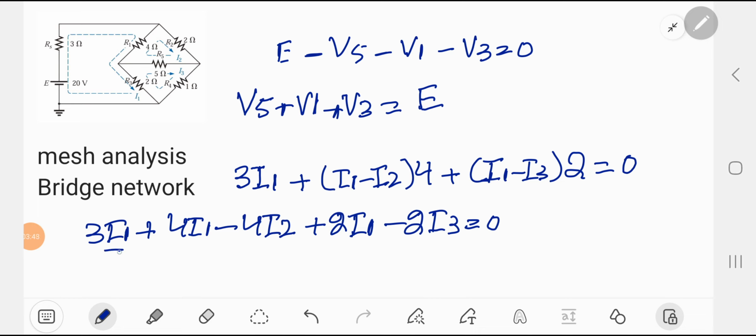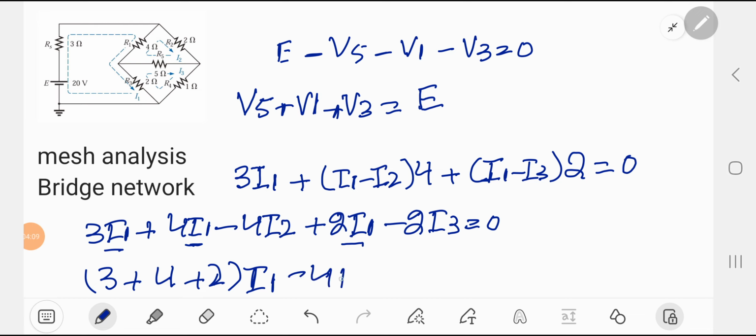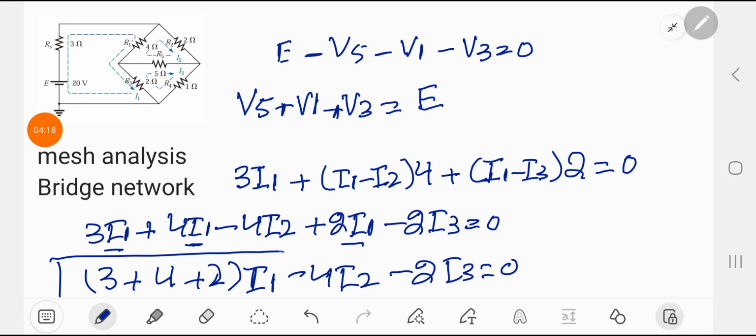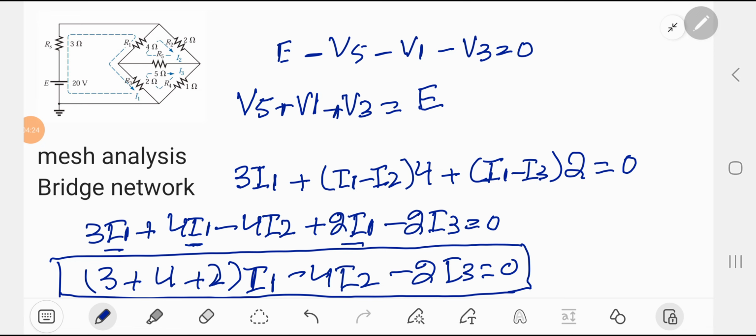Now I1 is common among these three, so 3 plus 4 plus 2, and then minus 4I2 and minus 2I3. So we found the equation which we use for loop 1 through mesh analysis.